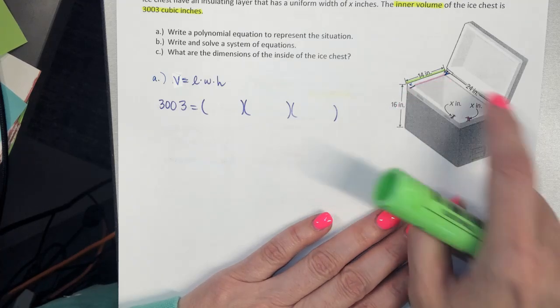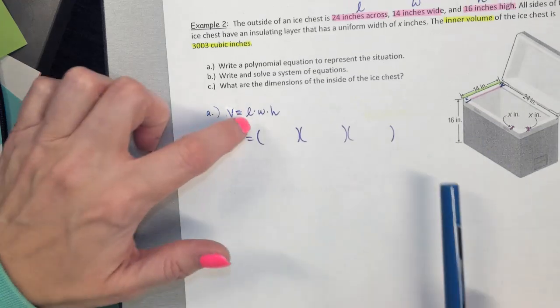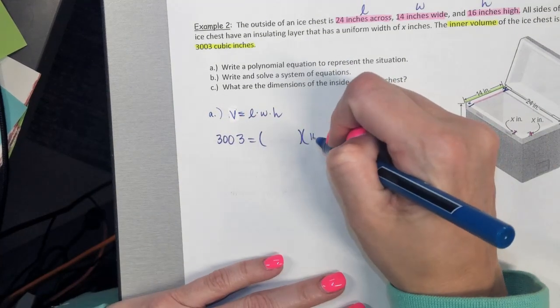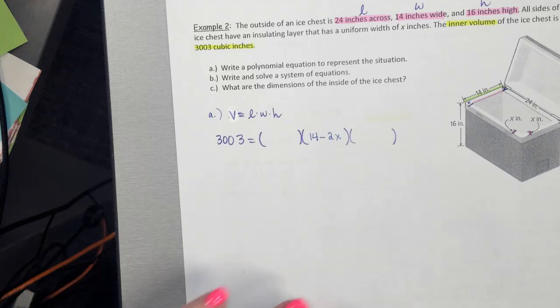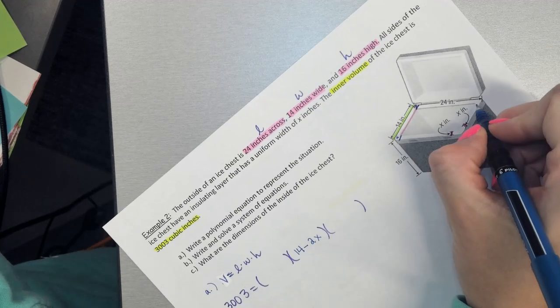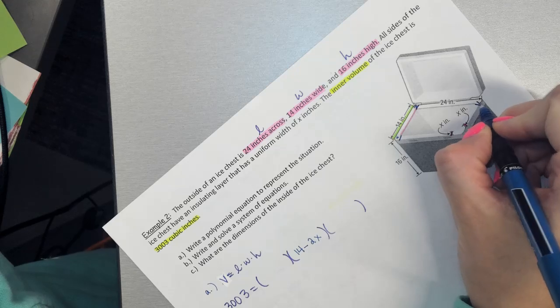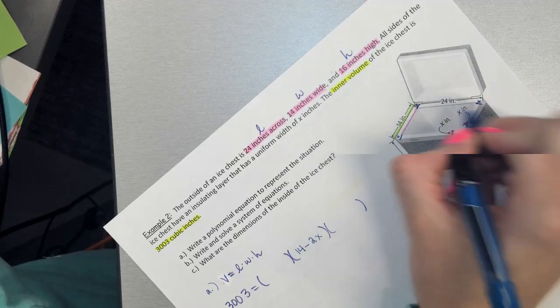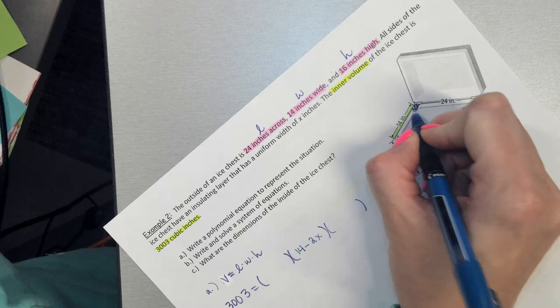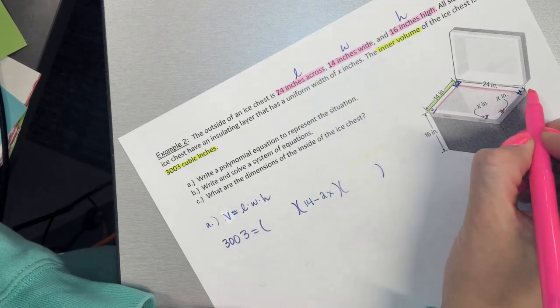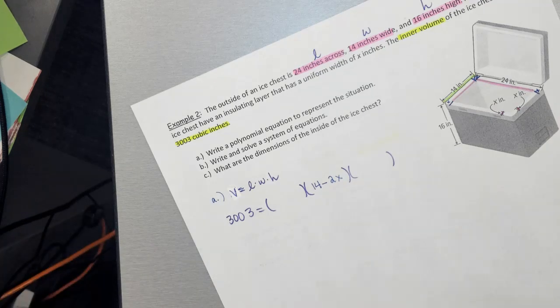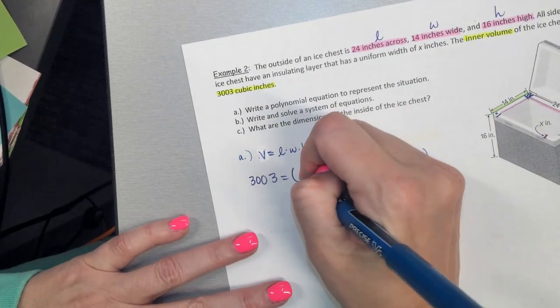So the width is going to be 14 minus 2x. The same thing happens here. You have that same insulation layer on both sides. So this is x and this is x. To find this, you would take the original 24 and subtract 2x.